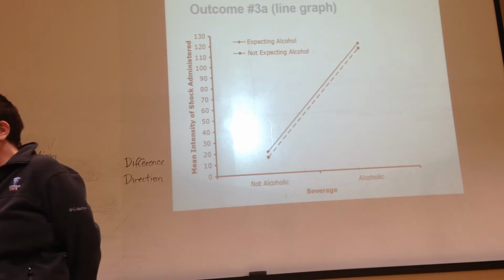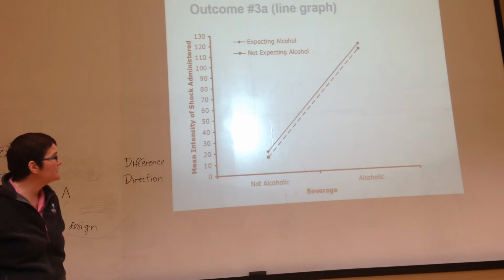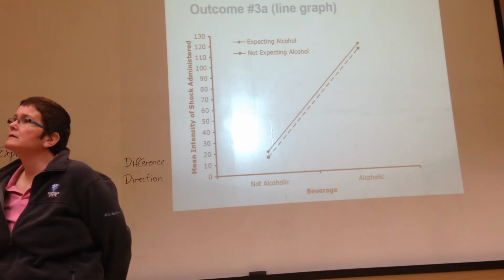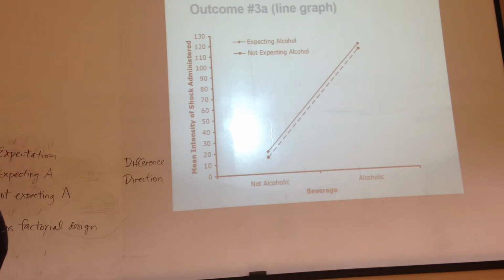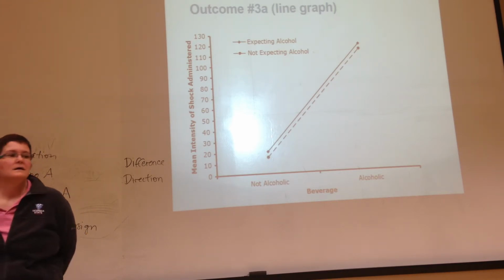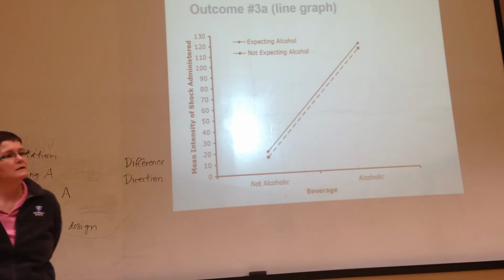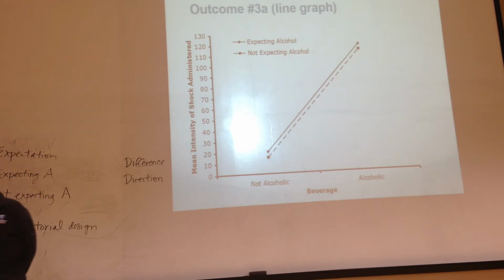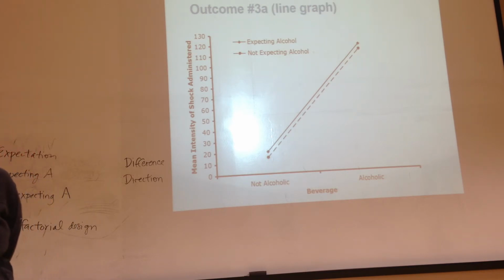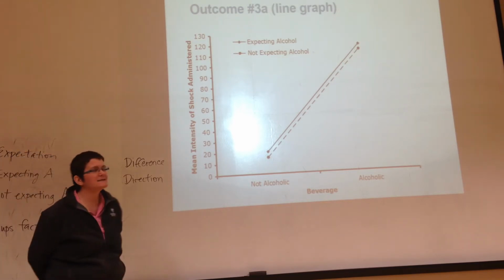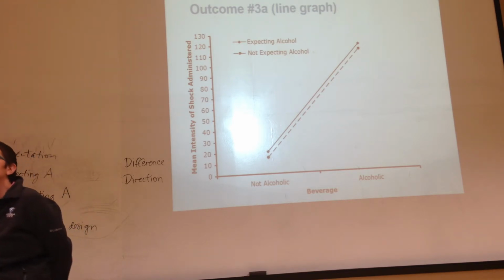There's a possible main effect of beverage such that people who got an alcoholic beverage delivered more shock than those who got a non-alcoholic beverage. Right? Can you see that? So instead of looking at the numbers, we're going to look at the picture and come up with the same kind of description. What about the main effect of expectation? Do you think we have one? No. Why not?